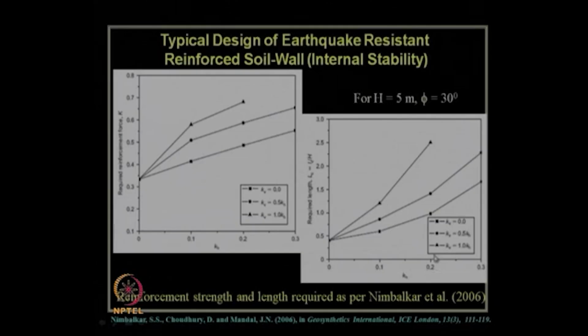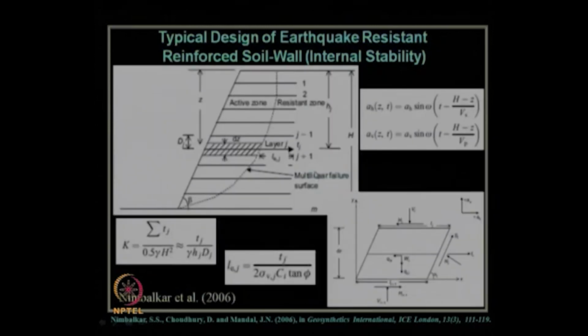Same for KH, say 0.2, we want to design with KV, say 0.5 KH. So, we have to go to this point. The length is coming to close to about 1.5 times of this. So, it is expressed again in the non-dimensional form of LC by H. Let us go back here. So, this is our value of L. It is expressed in terms of this non-dimensional ratio to the height H. So, you know how much height you are going to design or achieve.